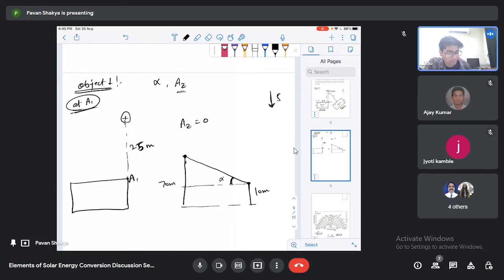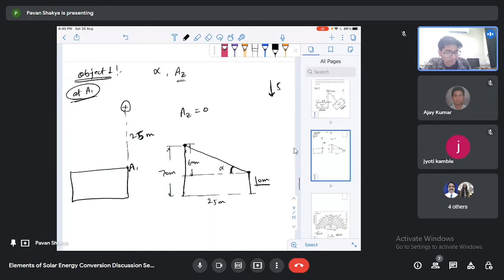As we know, this one is 10 meter, this one is 70 meter, and the distance between these is 25 meter. Then this one will be 60 meter. So by using the simple tan rule, tan alpha will be 60 by 25.